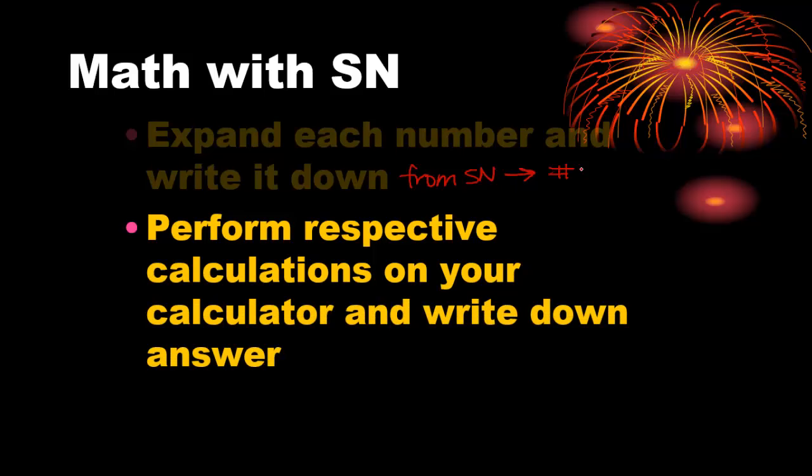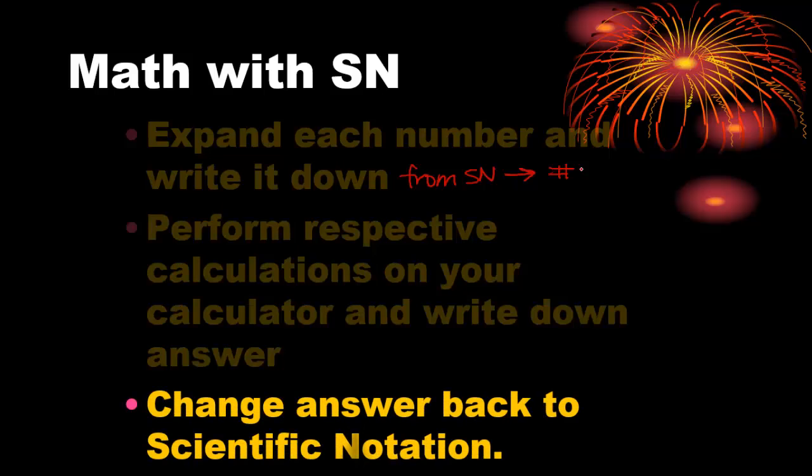Then you're going to perform the respective calculation on your calculator and write it down. So you're just going to plug it in. Then you're going to change your answer back into scientific notation. So this is going to go from the number to scientific notation. We want to make sure you can do that.